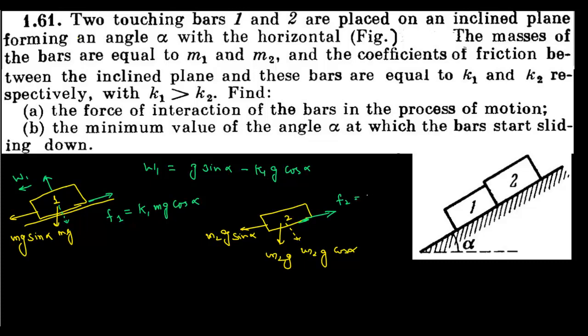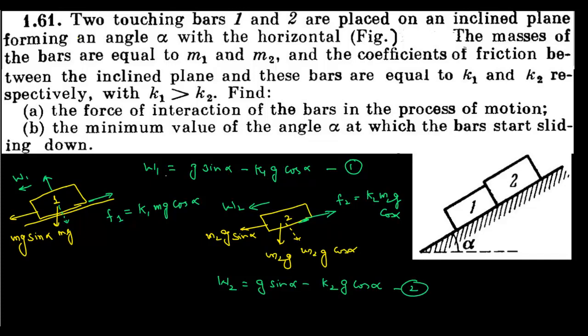This is equal to K2 m2 g cos alpha, and block 2 is moving with an acceleration w2 along the incline. So from here we can write that this w2 is g sine alpha minus k2 g cos alpha. Now this is our equation 1, say, and let this be equation 2.